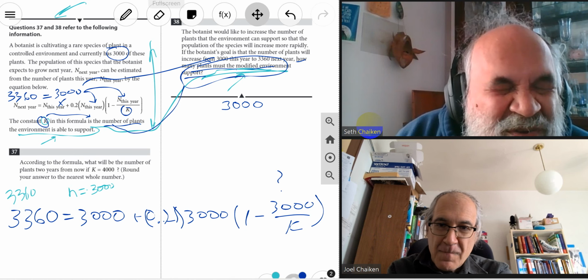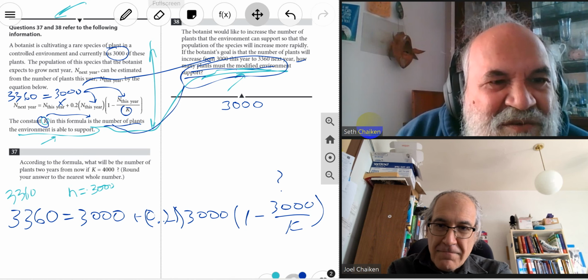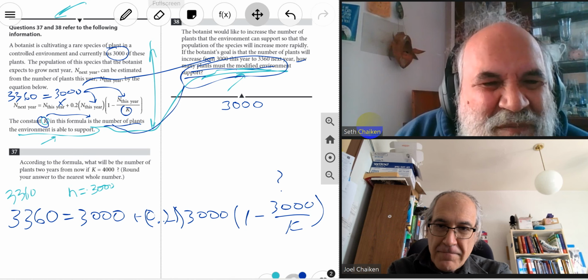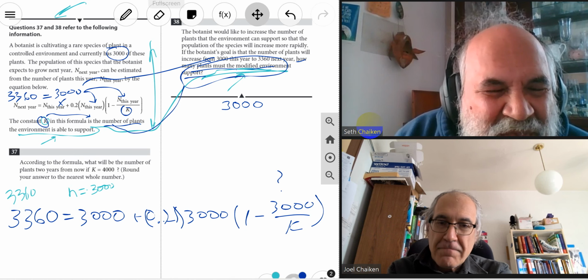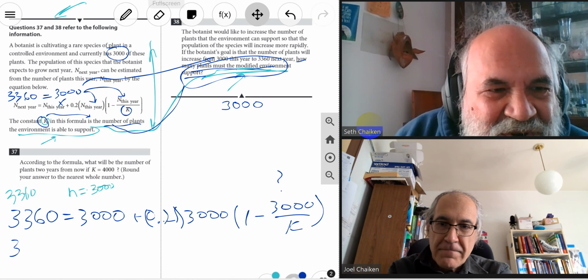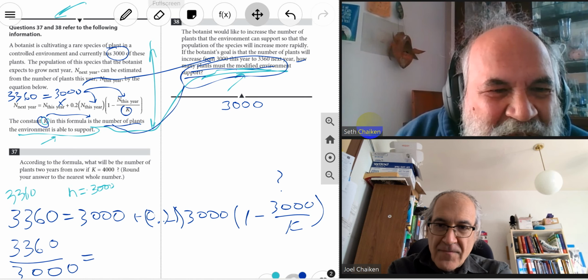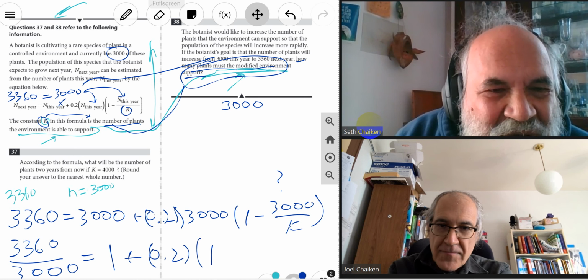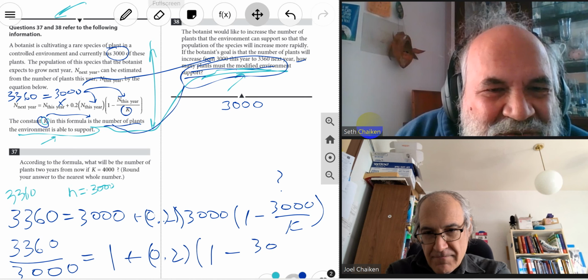So we could do the same thing. Divide everything through by 3,000 and get 3360 divided by 3,000 equals 1 plus 2/10 times 1 minus 3,000 over k.